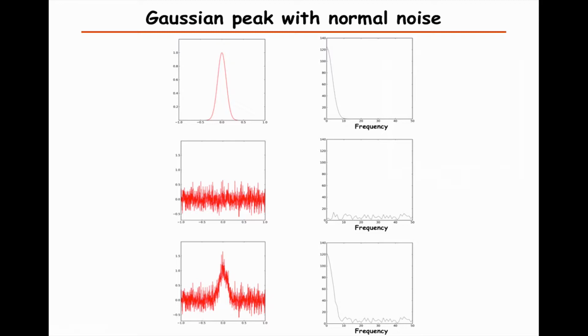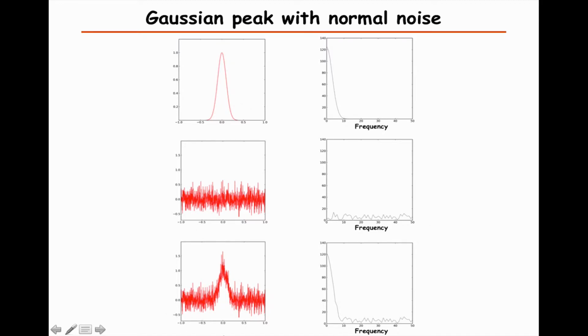Okay, so now we can add these together. We had a Gaussian peak, and we looked at how it had low frequencies when we moved into frequency space. We had our normal noise, which is just a flat distribution of frequencies.